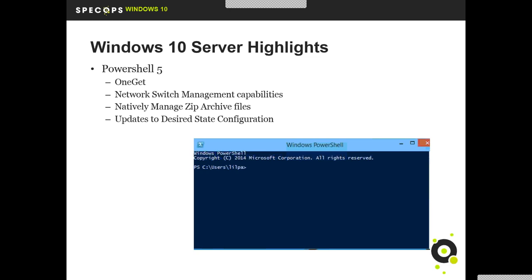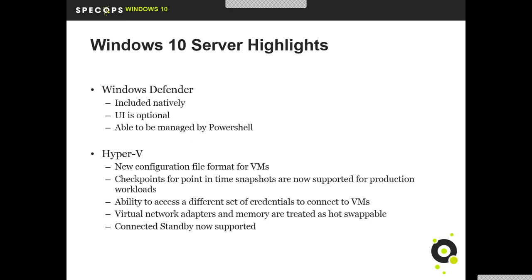And then go into server highlights, PowerShell 5, you're going to have OneGet. That's going to bring you package management capabilities to Windows. You're going to be able to manage your network switches better, natively manage the archives, and updates to your desired state configuration. And then going through a little bit more of the server highlights, Windows Defender is natively in the technical preview, though the UI element is optional.